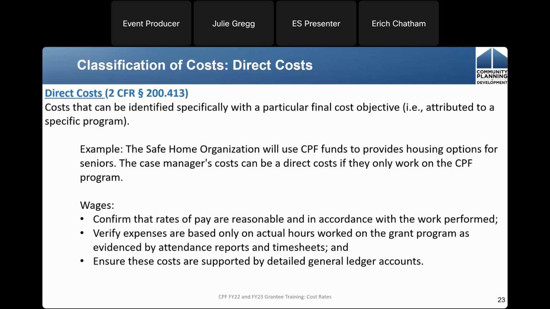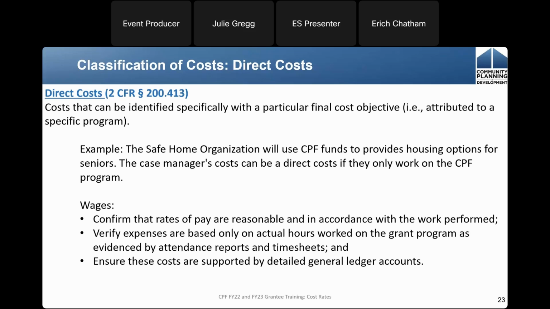Number one, confirm that the rates of pay are reasonable in accordance with the work performed. Second bullet, verify expenses are based on actual hours worked on this grant. So that's not to say that the case manager can only work on CPF. That's all he or she can do for their full-time work. But in the hours that are being billed to the CPF grant, that's all they worked on.